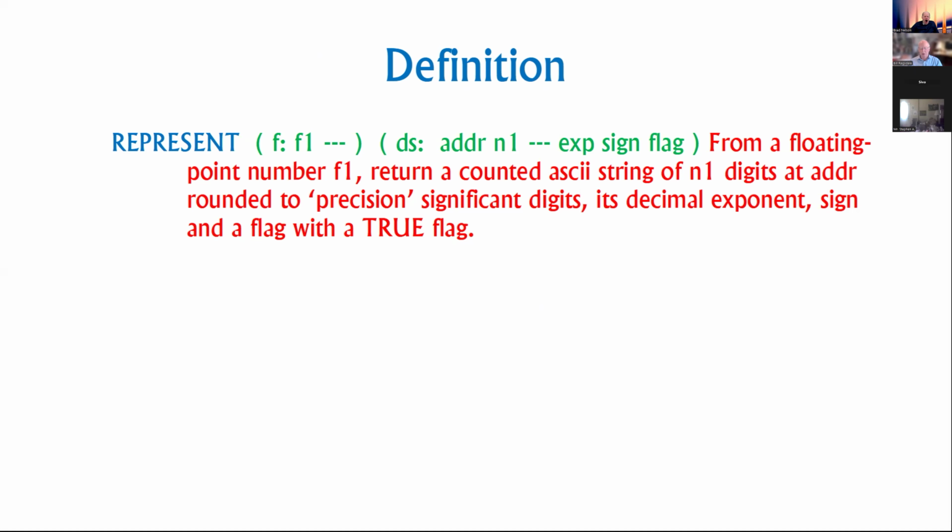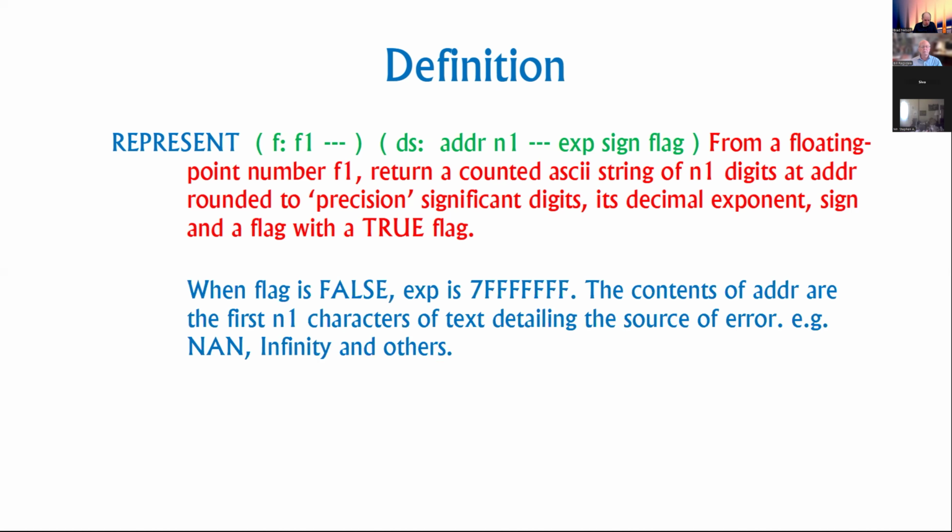And if this all takes place, you end up with a true flag. If you have a false flag resulting, then the exponent is set to the hex number you see there, 7 with a bunch of Fs. And then the contents of the address are no longer the converted number.